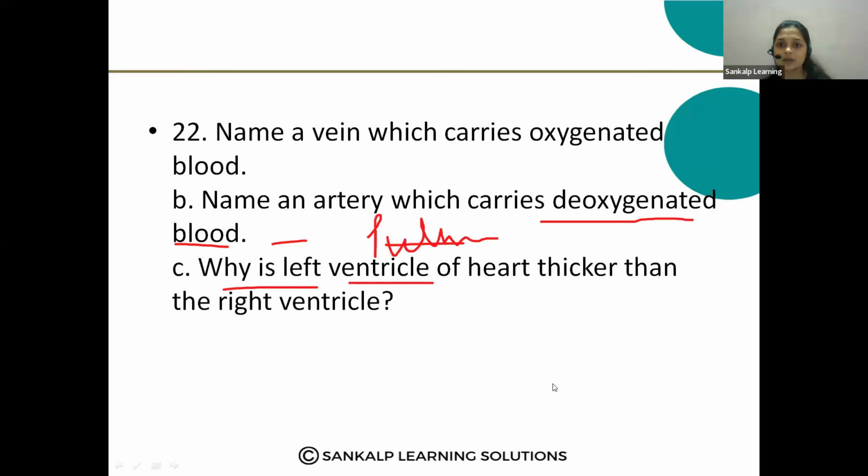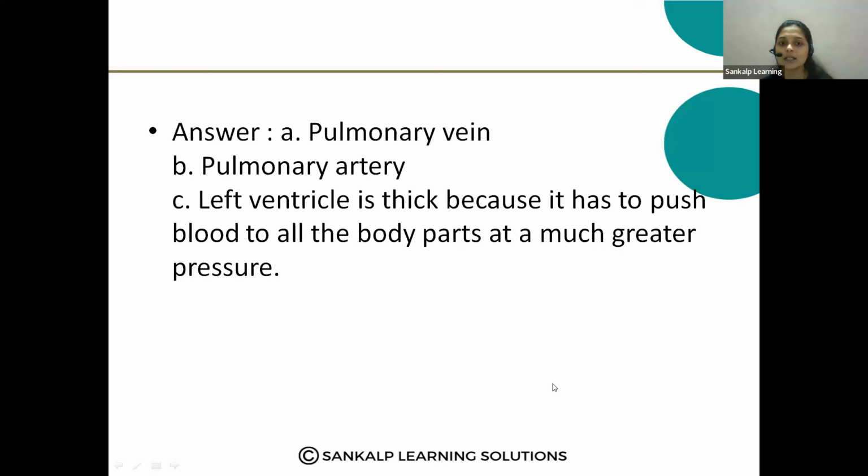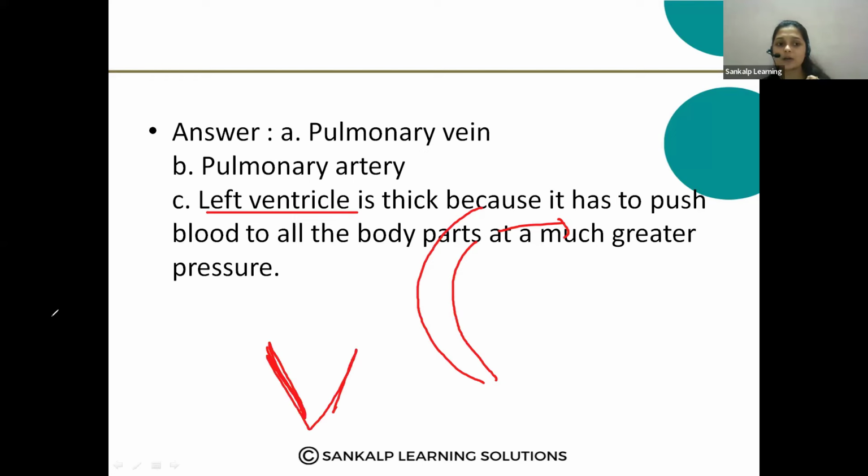Because it has to push blood to all the parts at much greater pressure. So the oxygenated blood has to be pushed from the left ventricle to all parts of the body. Because of that, the ventricle walls are thick. Okay, so that is the reason. Note down the answer.